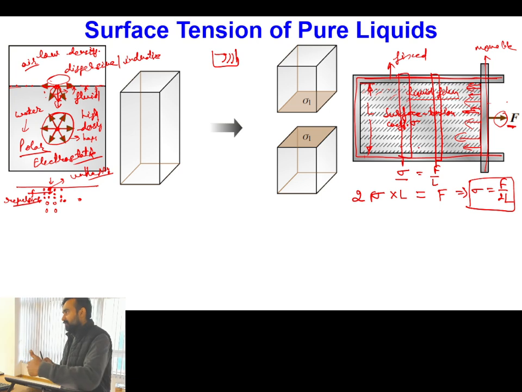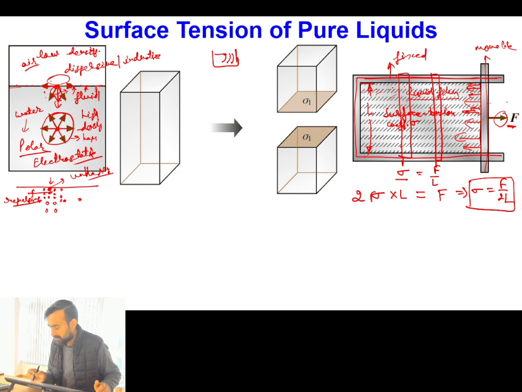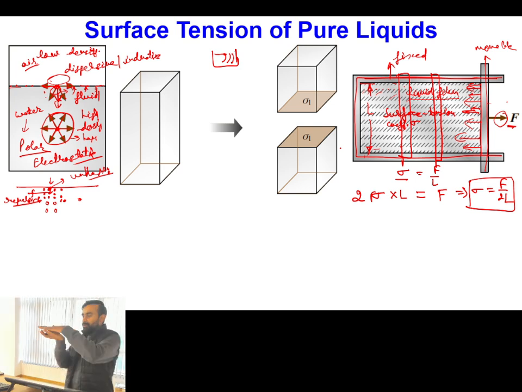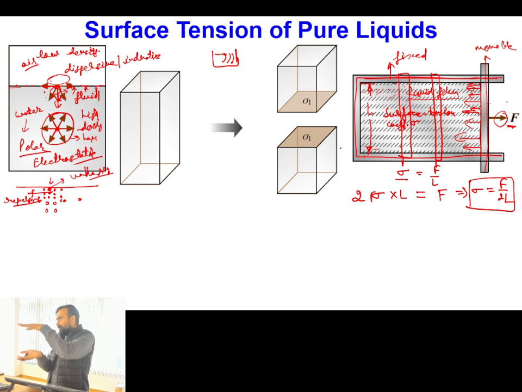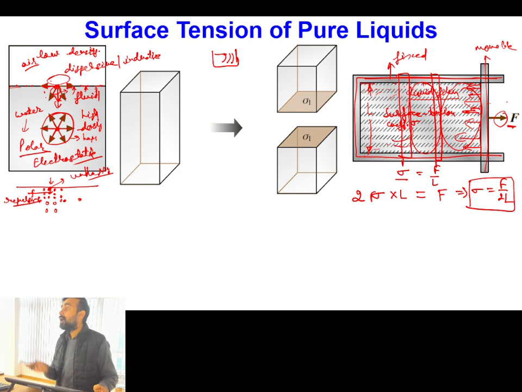So whenever it is moving in the backward direction, ultimately what is happening? The area exposed to the surrounding air of this liquid is decreasing, and in order to maintain the volume constant, the thickness of the liquid film will be increasing. So it means whatever molecules were there earlier in this portion have now entered into the bulk of the liquid.